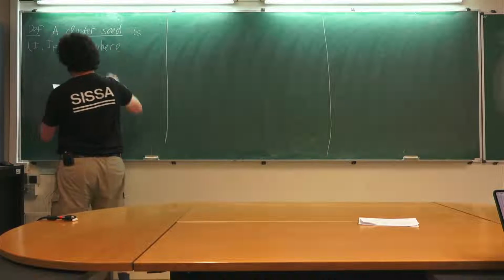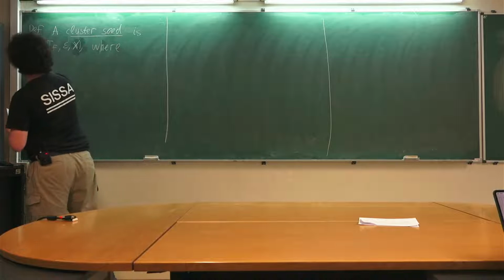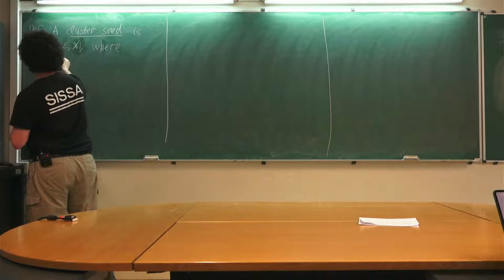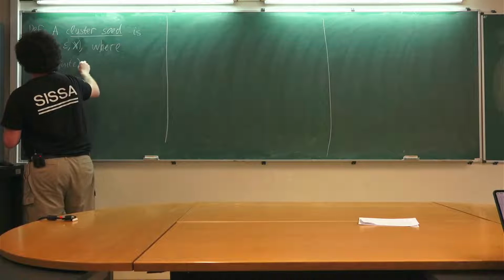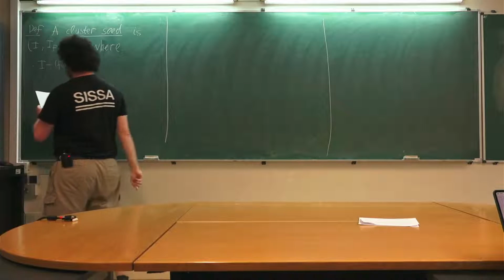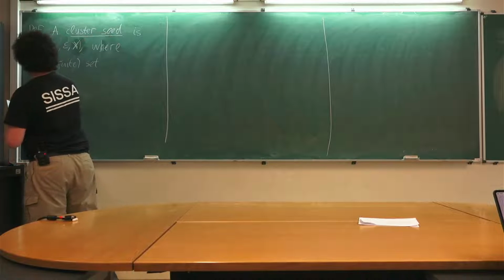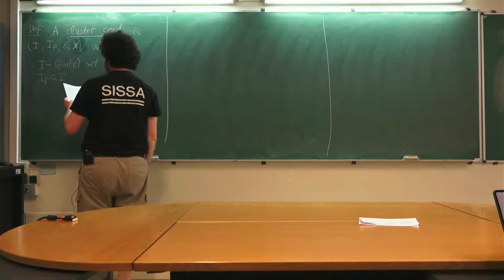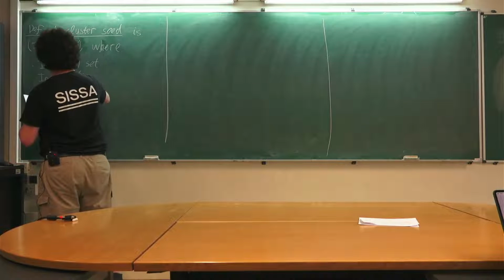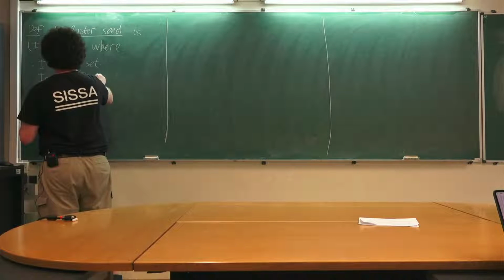So I is usually a finite, but theoretically not necessarily finite, set. And I_F is a subset of I, which is a so-called frozen subset.